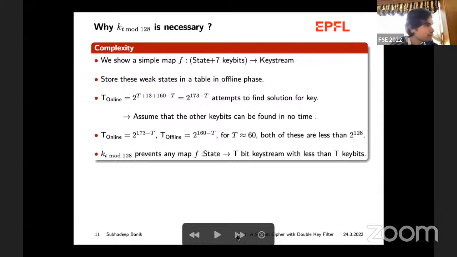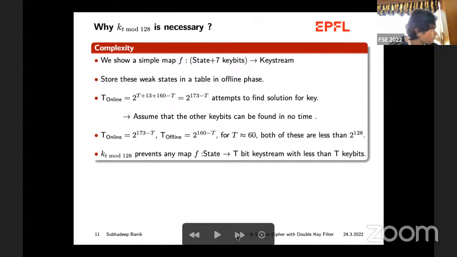The algorithm that we propose in the paper has online time complexity of 2^(73-t) and offline complexity of 2^(60-t), where t is a parameter used in the attack. We show that for t around 60, both of these complexities are much less than the complexity of exhaustive search, and so the security arguments collapse.